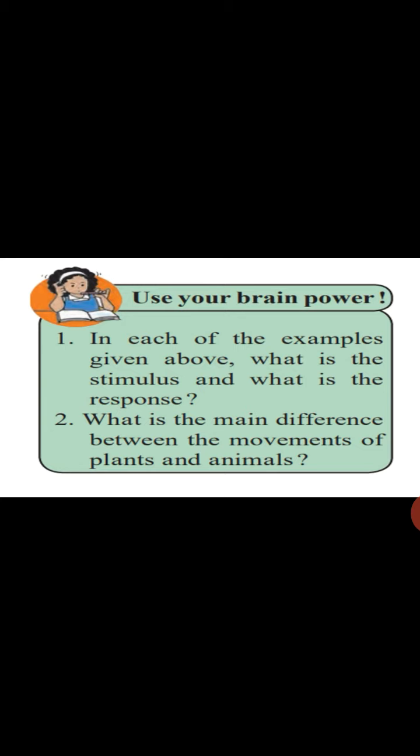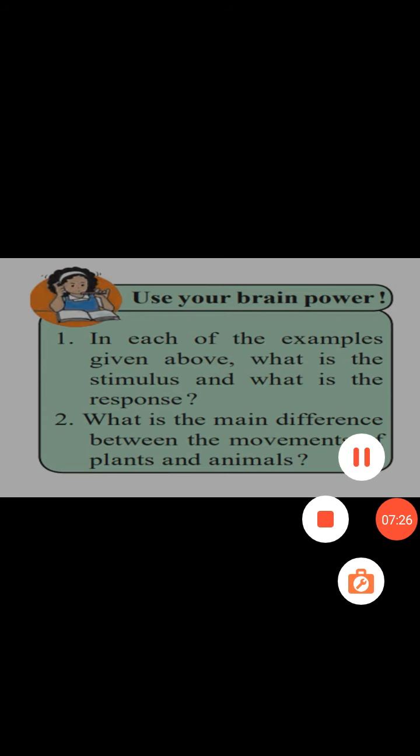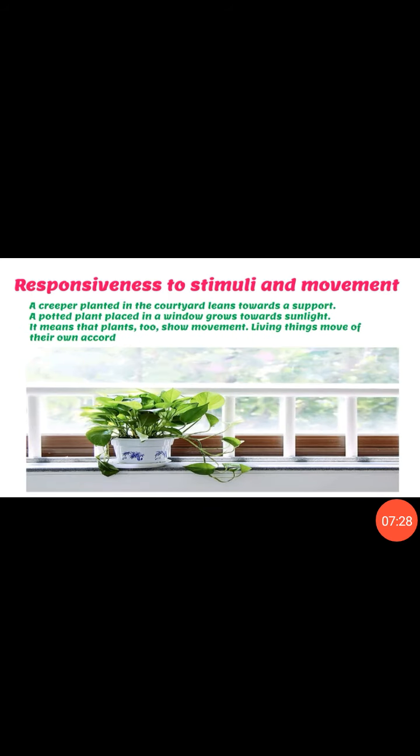So we have seen that plants as well as animals move and they respond to stimuli. Responsiveness to stimuli and movement. A creeper planted in the courtyard leans towards a support. As you can see, the creeper plant leans on a support. A potted plant placed in the window grows towards sunlight.